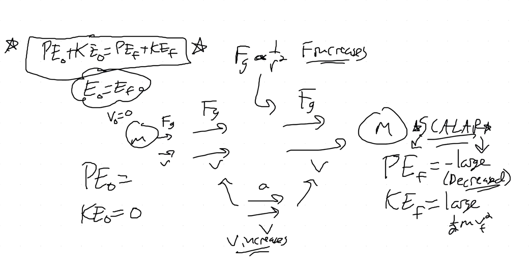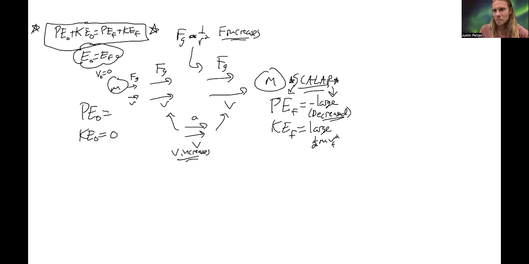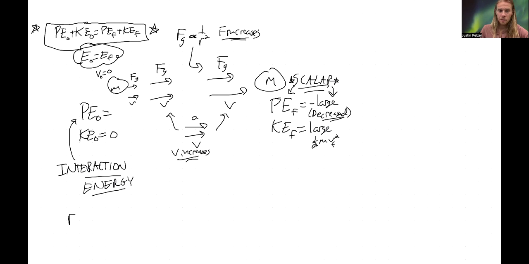Well, here's the thing. Do you guys remember what potential energy is? It's interaction energy. So when R is near infinity, the force is near zero, which means the interaction is at zero.